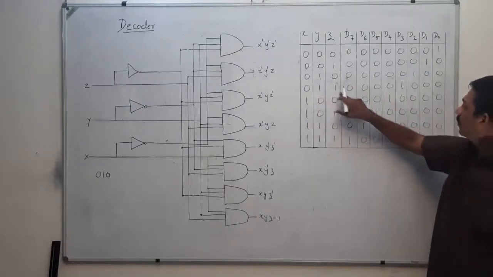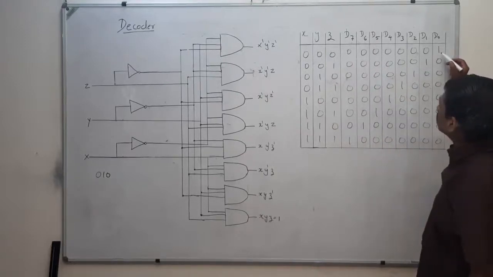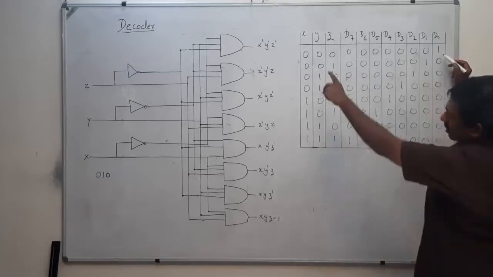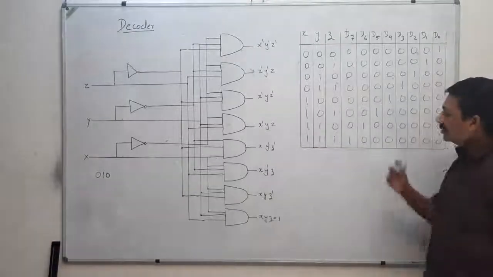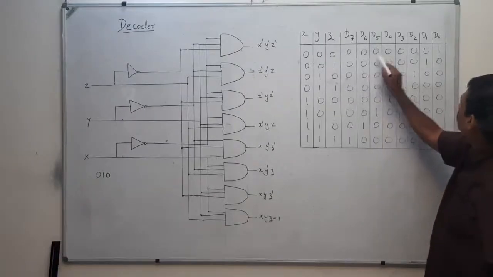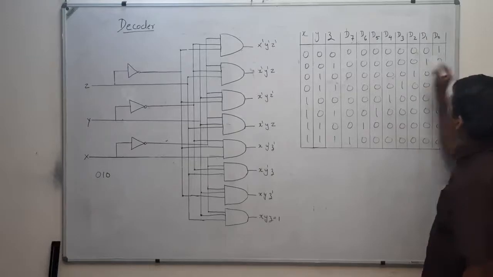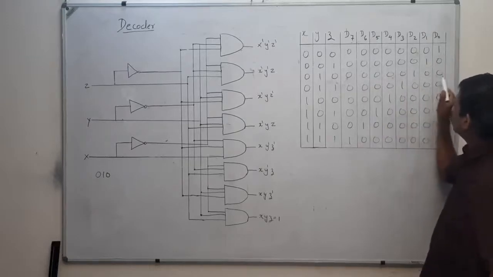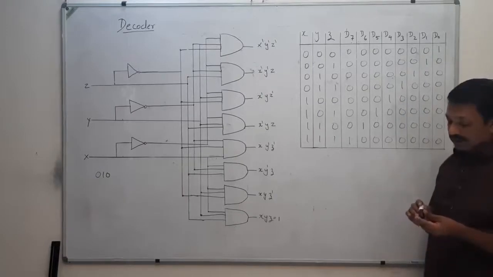Among these 8 outputs, one of them will be set and all the others will be reset. That means in the row D7 to D0, only D0 is set here, here D1 is set, here D2 is set, and like that. This is the truth table for this.